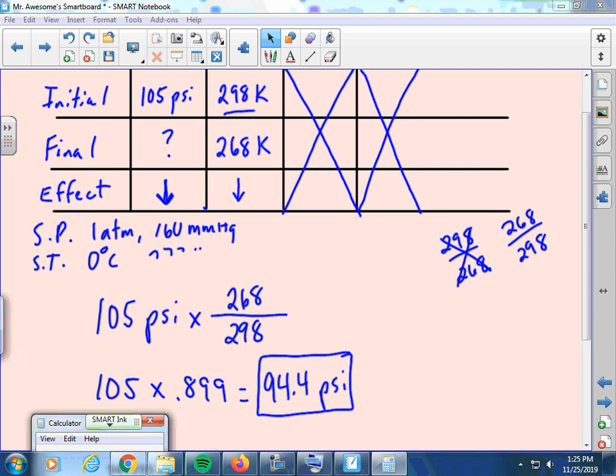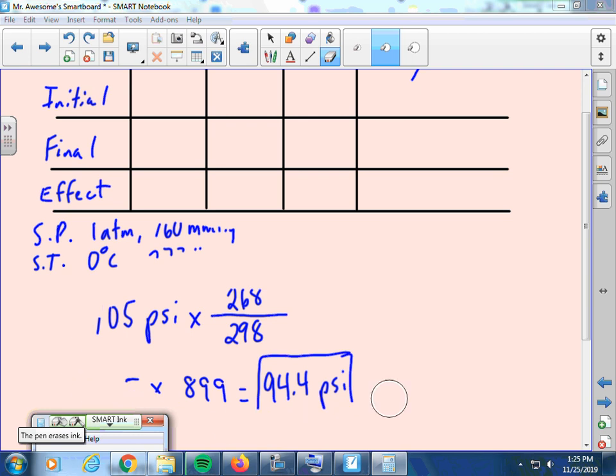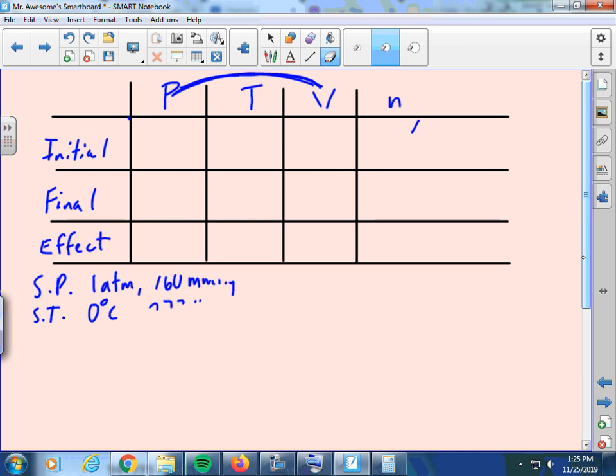Okay, so let's try another one. So number three said, what would be the new pressure if 250 cubic centimeters, that's volume, right, of gas at standard pressure?